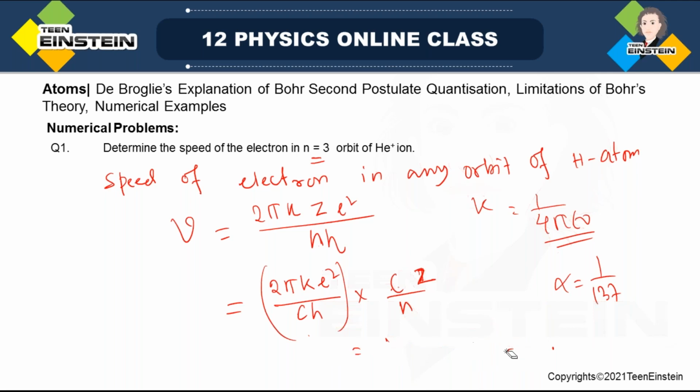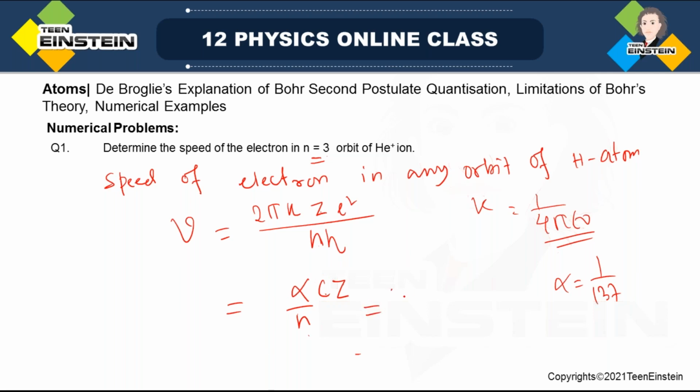So in terms of fine structure constant, we can write this as V is equal to alpha by n into c into Z. Now Z is how much? Z is 2. c is what? The speed of the light.